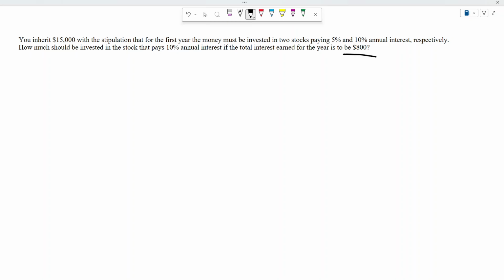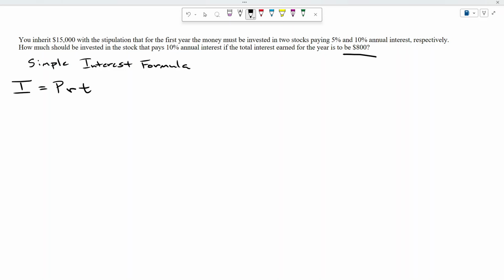First things first, we're going to need, for this one, a simple interest formula, which is just, put it down here, we have I equals P R T. Interest equals principal times rate times time.